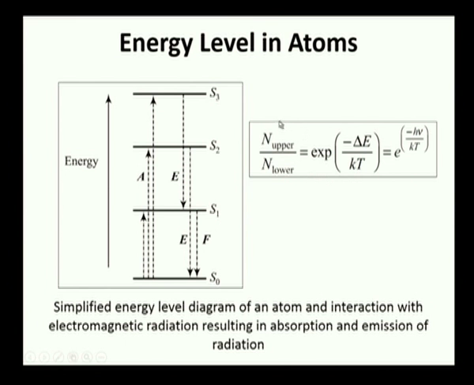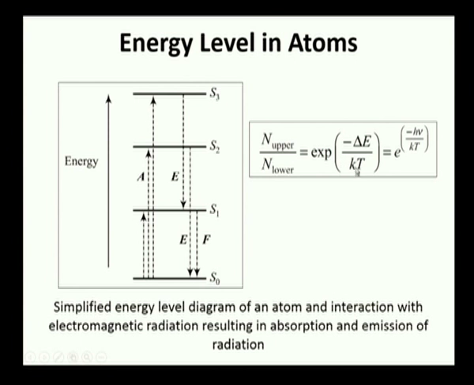The relative distribution of electrons in these excited energy levels is given by the equation n upper by n lower, where n upper is the number of electrons in the excited level, n lower is the number of electrons in the ground state, is equal to the exponential of minus delta E by kT, where delta E is the energy difference between the upper energy level and the lower energy level. That means delta E is the energy difference between the excited energy level and the ground state of electronic energy.